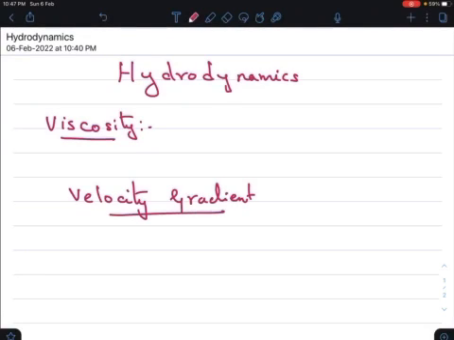You can write the unit. Velocity's unit is meter per second and distance is again meter. So velocity gradient will have per second as a unit.